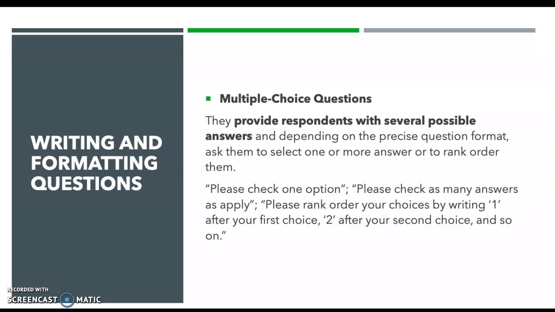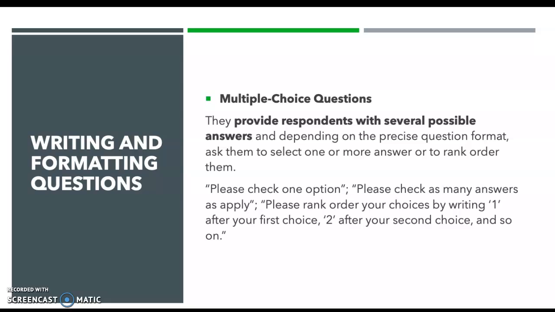For instance, how many online streaming services are you subscribing to? And then you have the options of Netflix, Hulu, Disney Plus, Apple TV, and so on. And people can check all the boxes that apply to them.